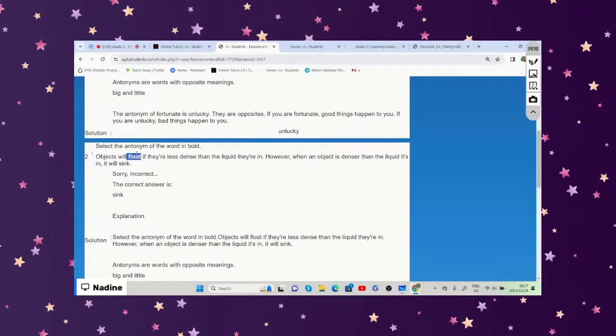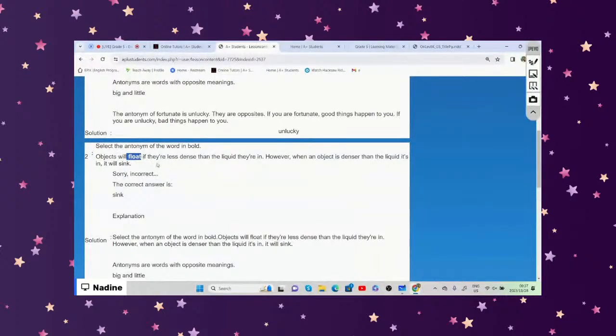And if we look at the next sentence, we need to find the opposite word within this next sentence. However, when an object is denser than the liquid it's in, it will sink.